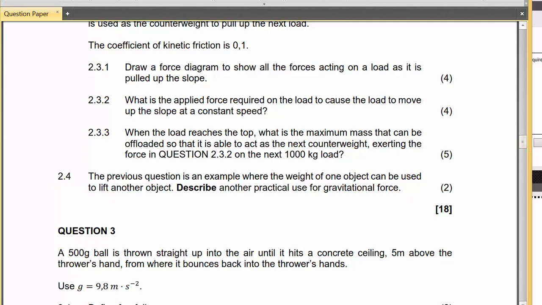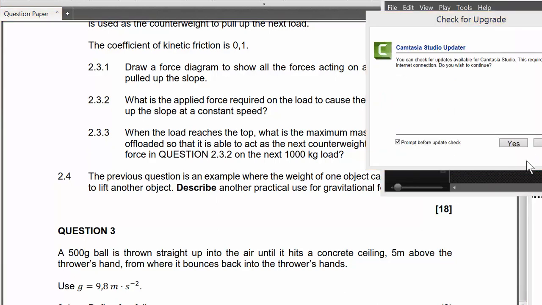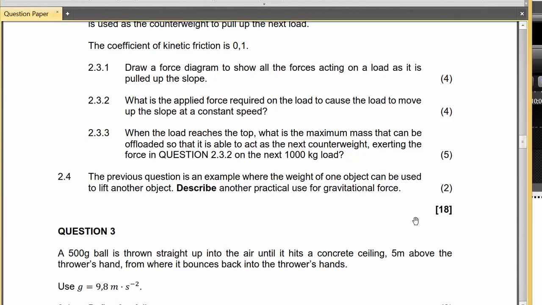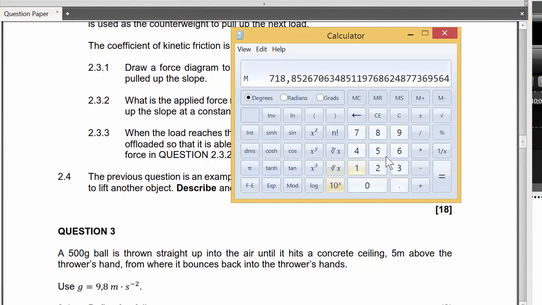Let's just quickly look at the time. I like to look at the time to give you an idea. It took 24 minutes to do this question up to this time, with explanation. When you have 18 marks, you must spend 1.2 minutes per mark, so we should have finished in 21.6 minutes.